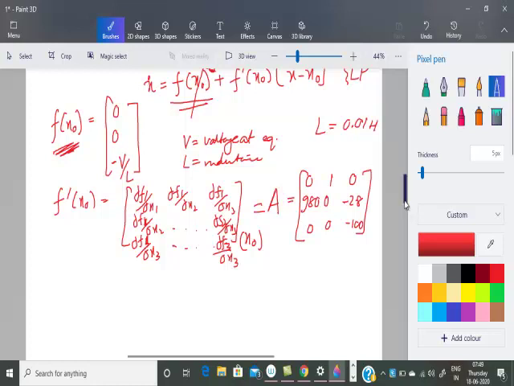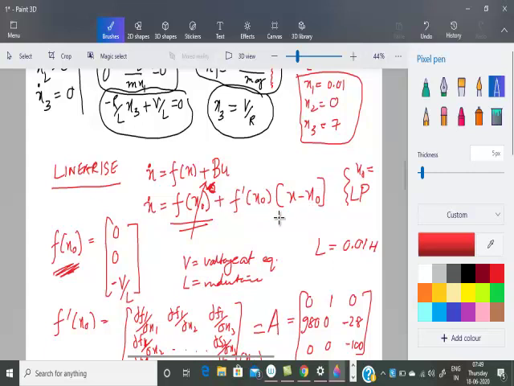And I forgot to tell you that you have to write this. This is the linearization of the fx term, this much, and this bu is still there.